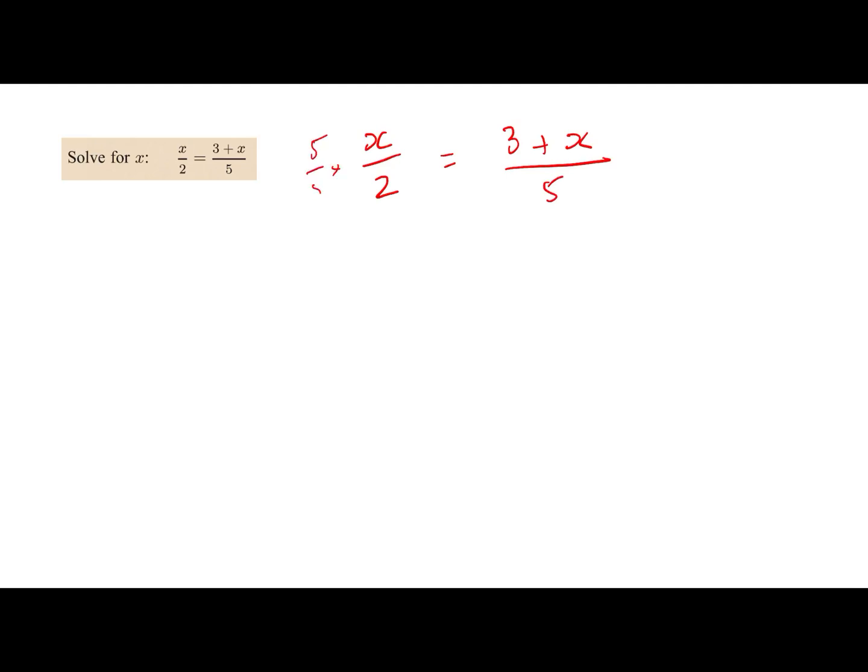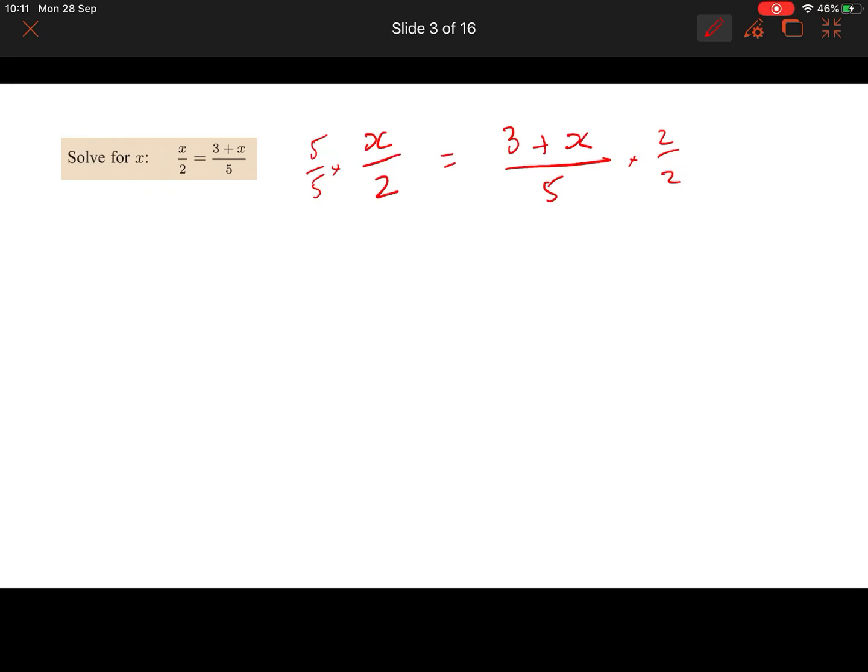So what I'm going to do is multiply top and bottom of this one by 5 and top and bottom of this one by 2 so that I get a common denominator of 10. So I'm going to get 5x over 10 is equal to, well, I'm going to need to use brackets here, 2 lots of 3 plus x over 10. Okay, so all I've done is try to make a common denominator.